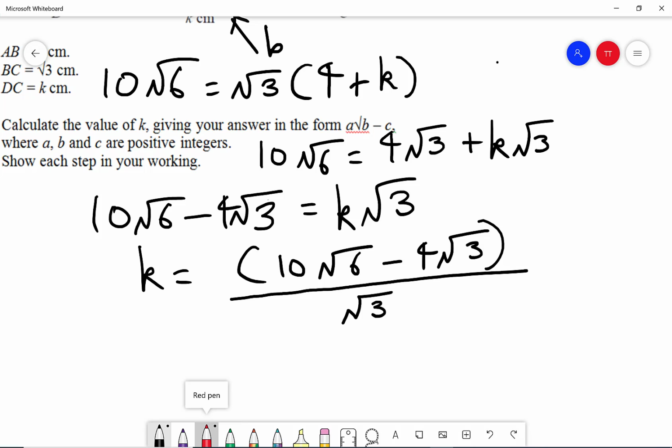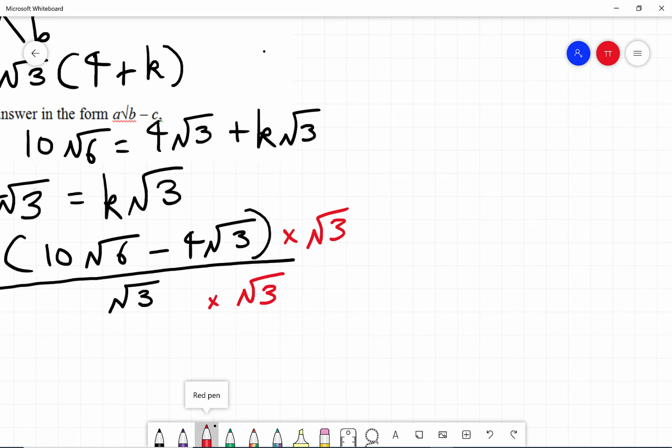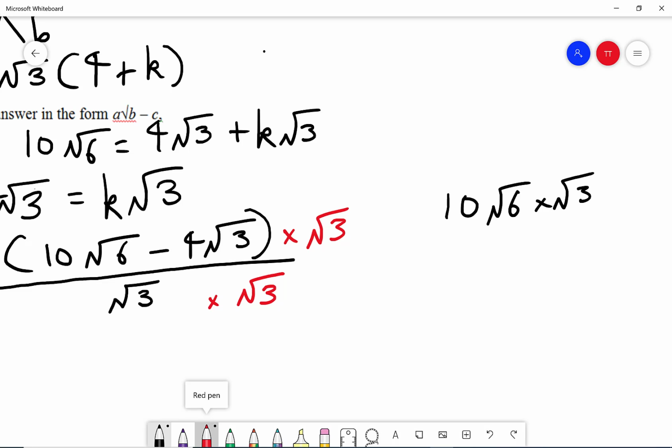Now you should know that you can never have a surd on the bottom. So we get rid of that surd by the process of rationalizing the denominator. So I'm going to times the numerator by √3 and also the denominator by √3. But let's do this step by step on the side here. So what we're doing is 10√6 times √3.